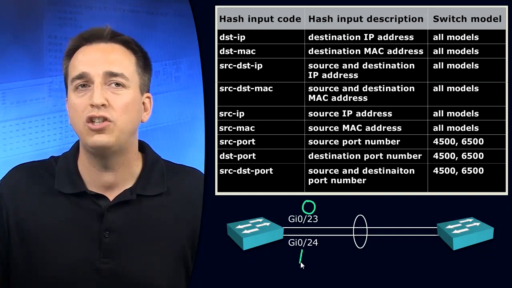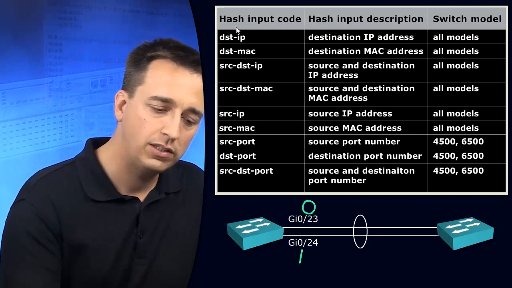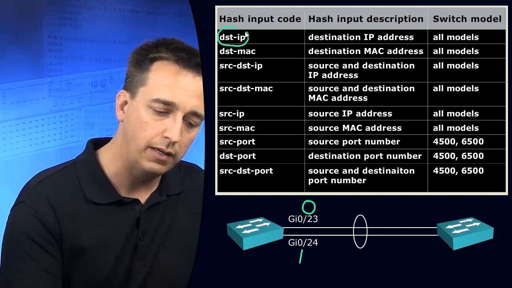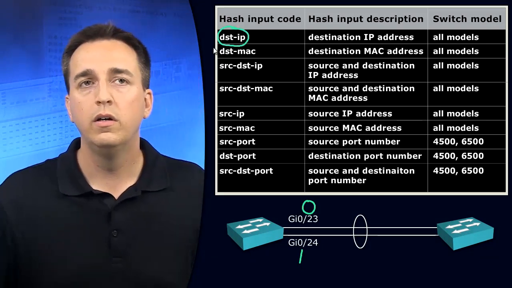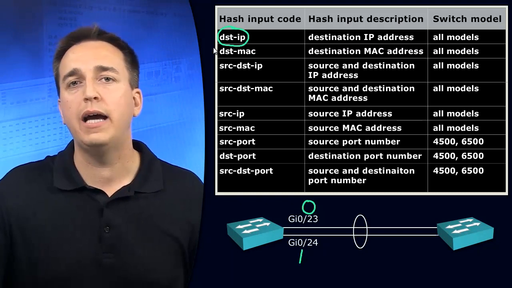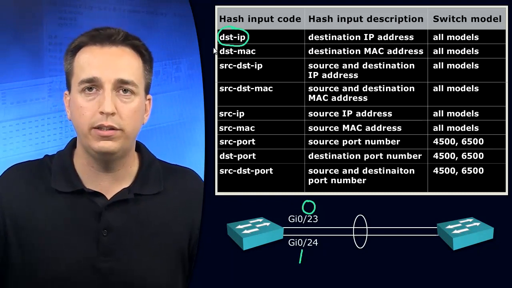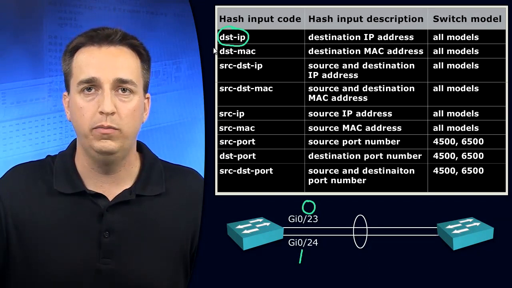Now, based on the hash input code, let's just use destination IP address right now as our example. This destination IP address is analyzed in binary.